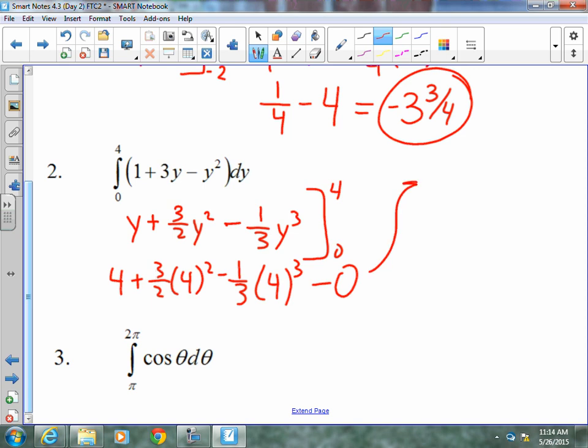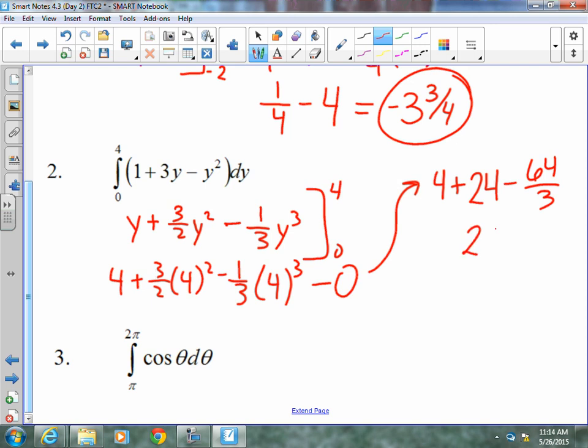So I'm going to go up here. 4 plus 4 squared is 16. Divided by 2 is 8. 3 times 8 is 24. And minus 1/3 times 4 cubed. 4 cubed is 64. Times 1/3 is 64 thirds.